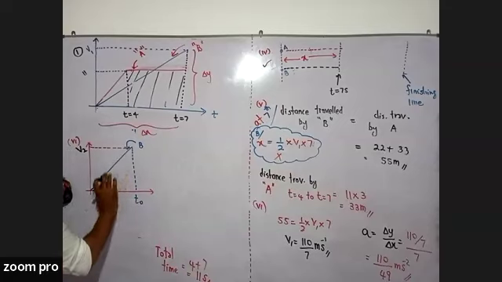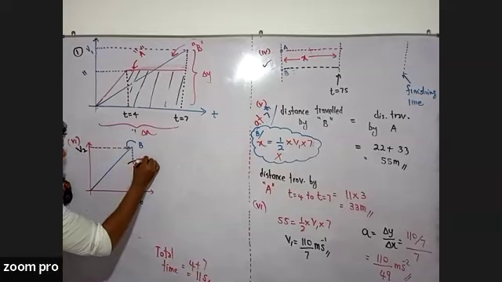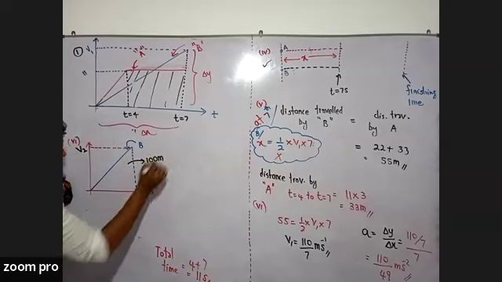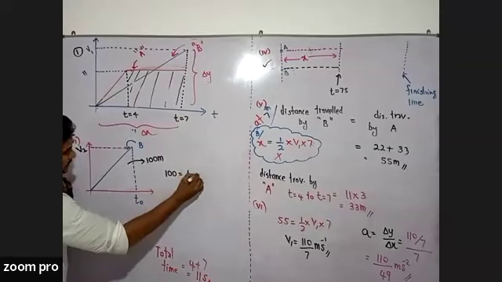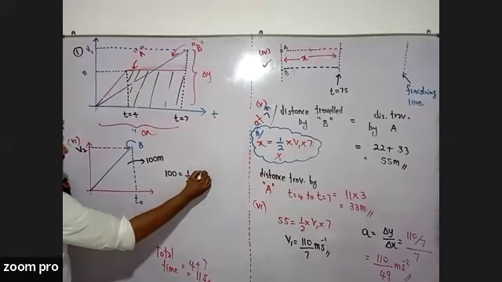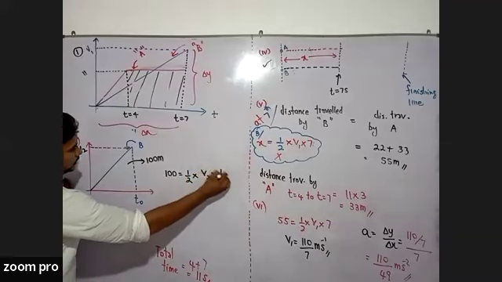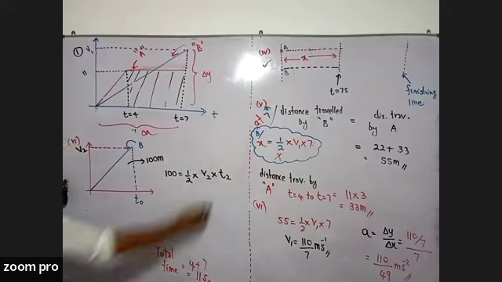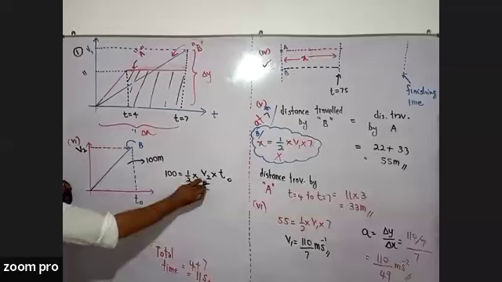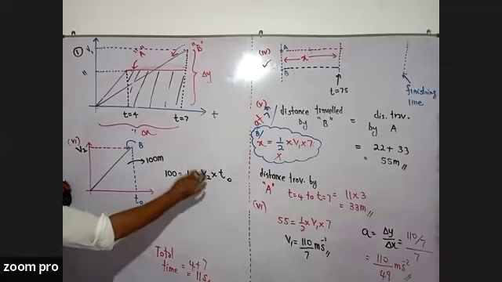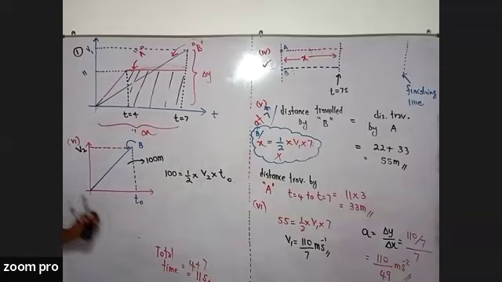You know that the area of this diagram represents 100 meters, so by considering the area, we can write an expression as half into V2 into T naught. But without having an idea for V2, we can't obtain an answer for 100.